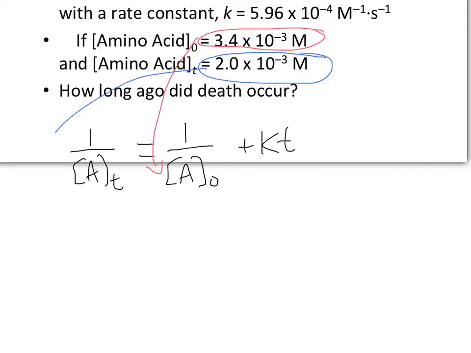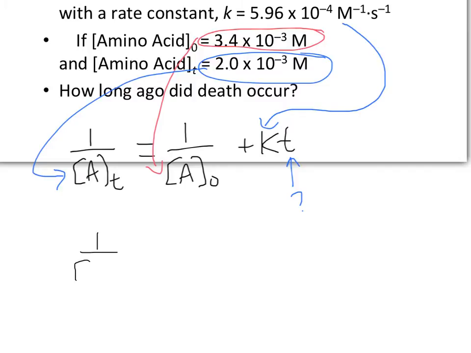Here's our concentration at time t, A sub t. We're given the rate constant, and so what we're trying to find is t. There's lots of ways to do this problem. I suppose one way we can use some algebra here, and we can say, well, let's solve for t and then plug everything in. So let's solve this for t.